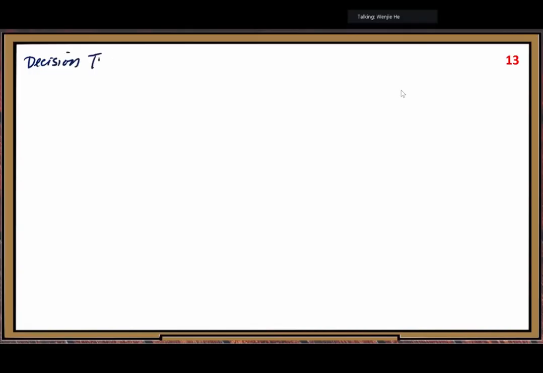Decision tree idea. Approach method. All right. So we want to model the comparison operation. Model the comparison operation.